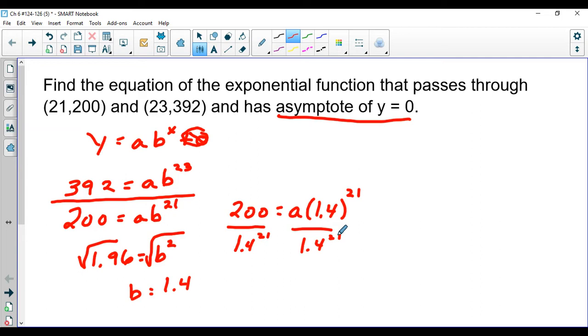Okay, so our a value comes out to be approximately 0.17. So the equation of my exponential here is y equals 0.17 times 1.4 to the x power.